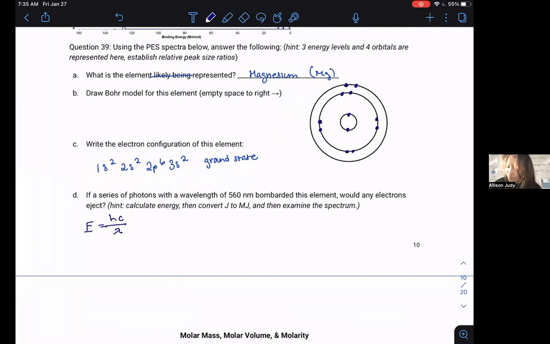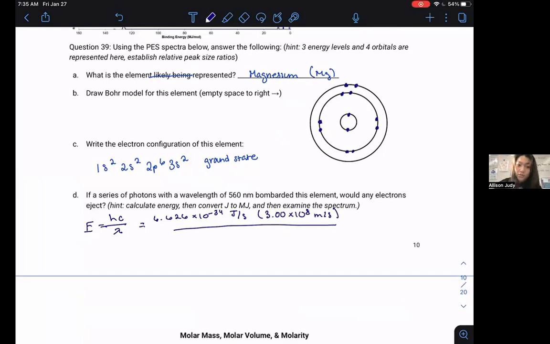And what we get is this is equal to 6.626 times 10 to the negative 34 joules per second times the speed of light, 3.00 times 10 to the 8th meters per second, which by the way can sometimes be written as 2.998. Just use whatever constant the AP equation sheet gives you for the exam. All over the wavelength.